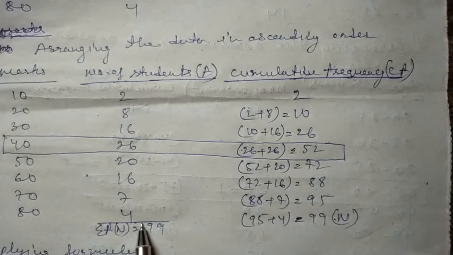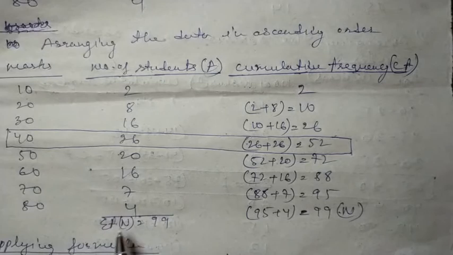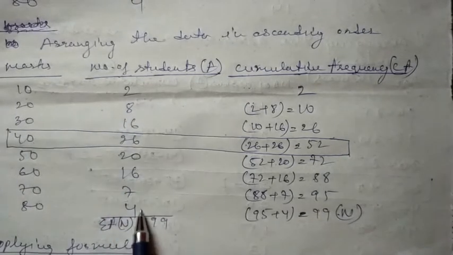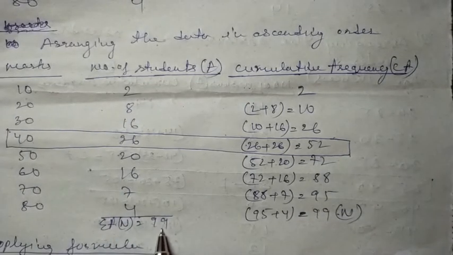We have to total this frequency. If we total it, we get sigma f, or n, is equal to 99. The total number of students is 99.